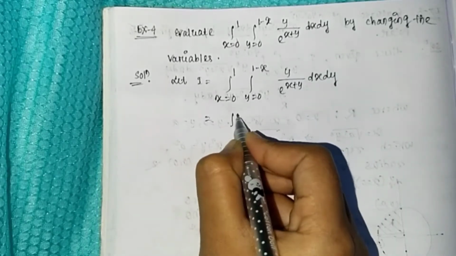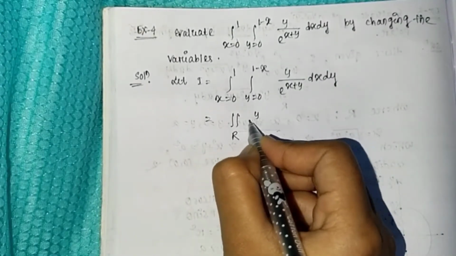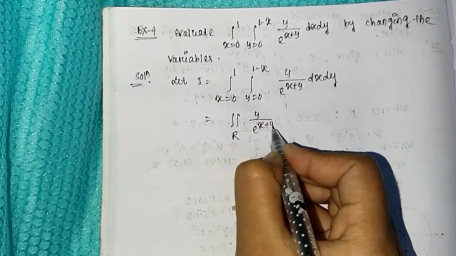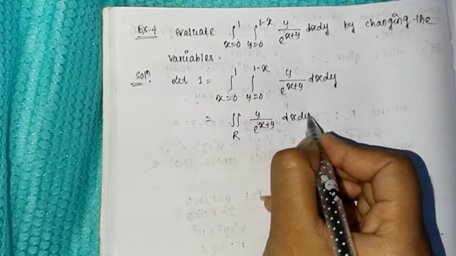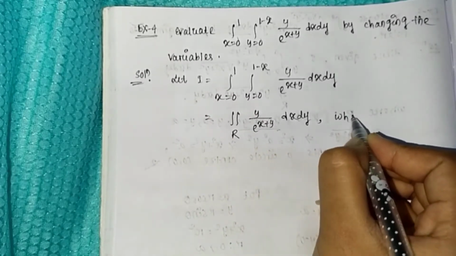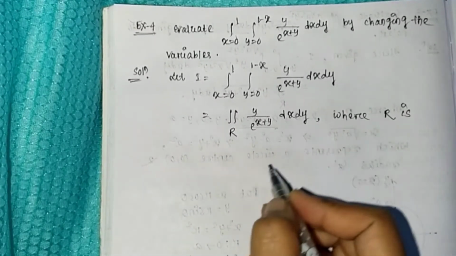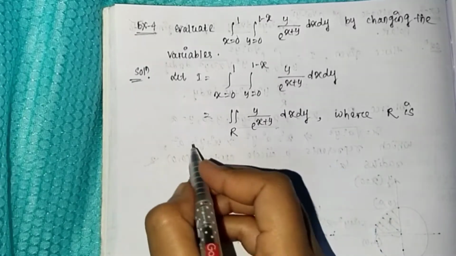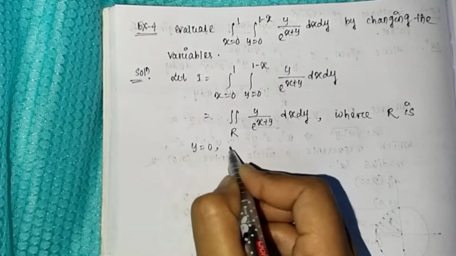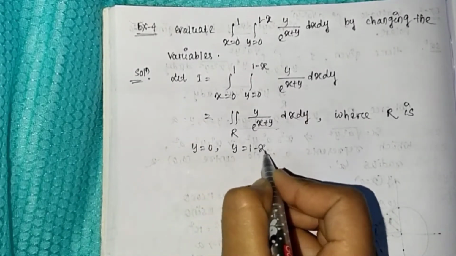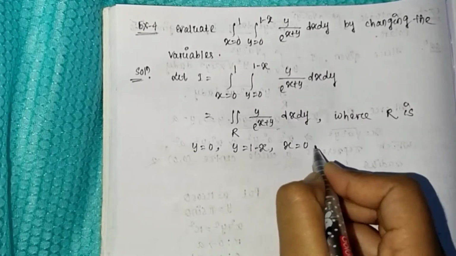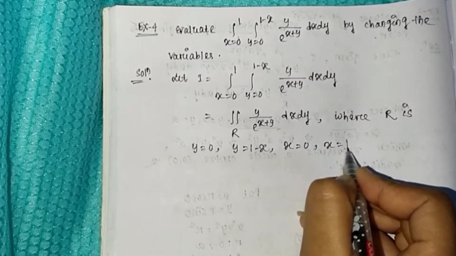That is equal to the double integration over R, where R is bounded by y equal to 0, y equal to 1 minus x, x equal to 0 and x equal to 1.